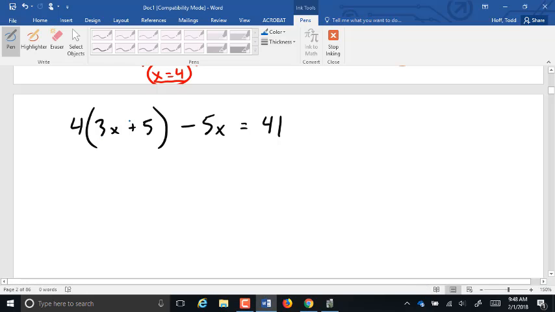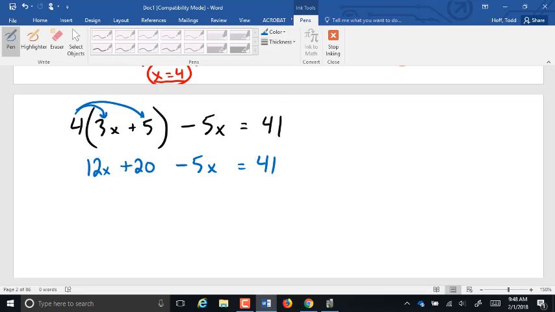We start with the parentheses. Nothing to do inside of them, so we're going to multiply by the 4. 4 times 3x is 12x. 4 times 5 is 20. We still have that minus 5x there, or negative 5x. What are we going to do next? Perfect.